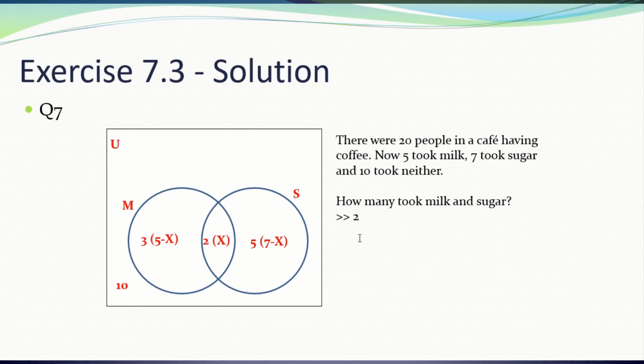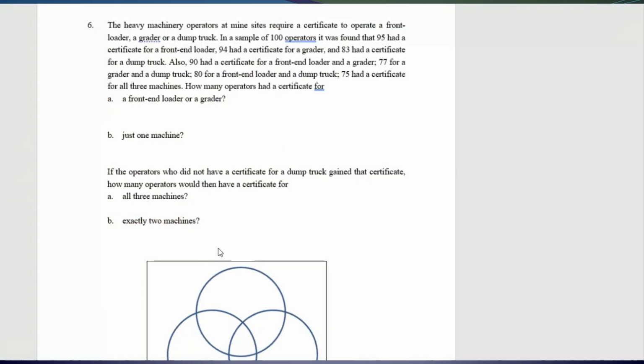So 5 minus X, plus X, plus 7 minus X will be equal to 10. So you solve it to find X and you will get that X is 2. So here you can see, you know, 5 and 7, the intersection must be 2. But when you cannot see, this is how you do it. When you don't have the middle, you will call it X. Alright?